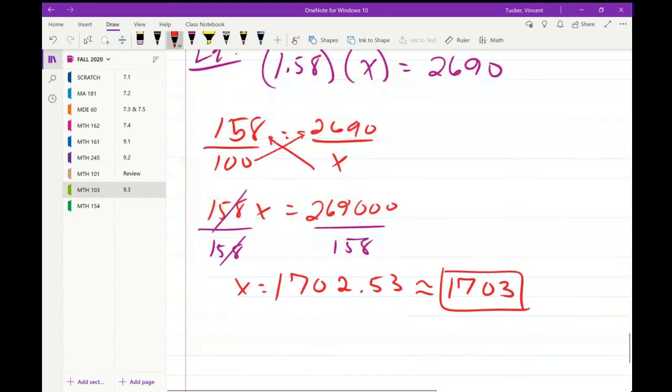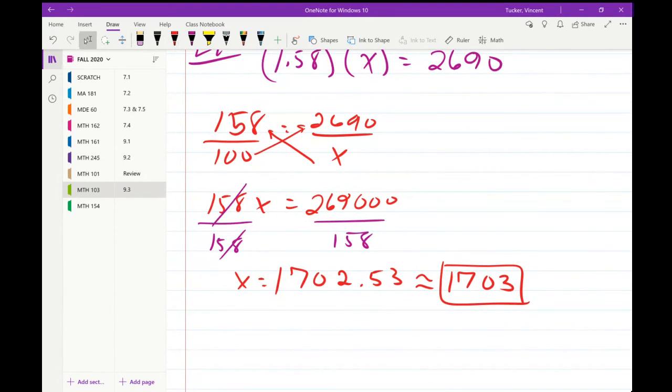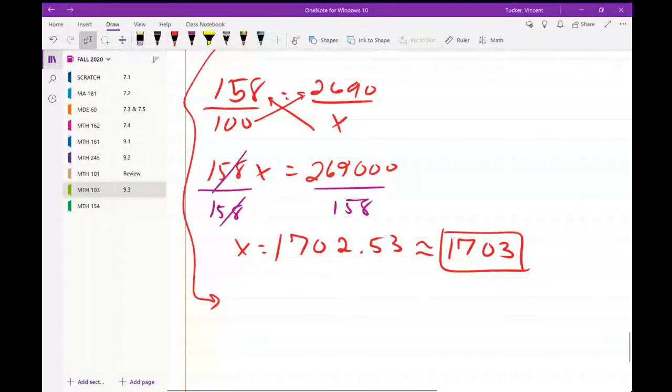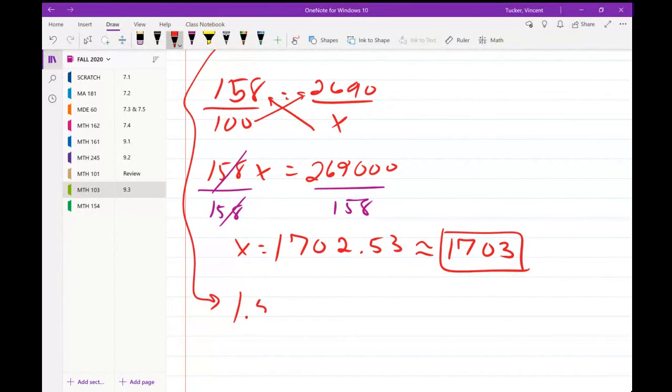All right. The equation is 1.58x equal to 2690.